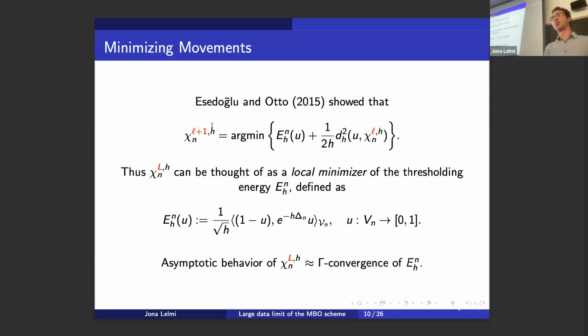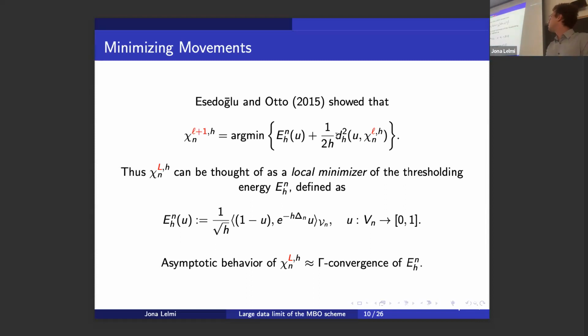But actually, the observation is that this is equivalent to solving this variational problem here. To obtain the new clustering, you solve this minimization problem, where this energy is called the thresholding energy, and this is a distance term corresponding to this minimizing movement scheme.